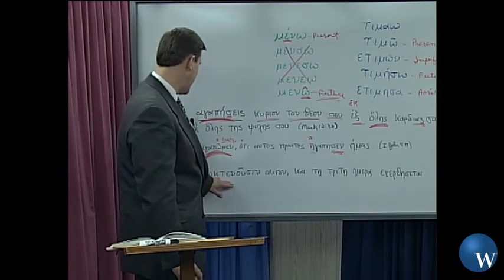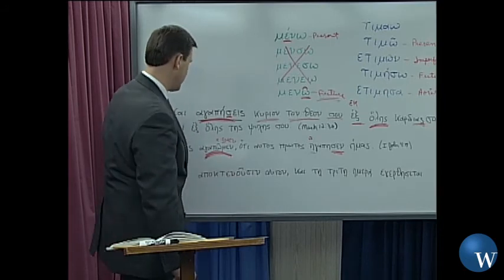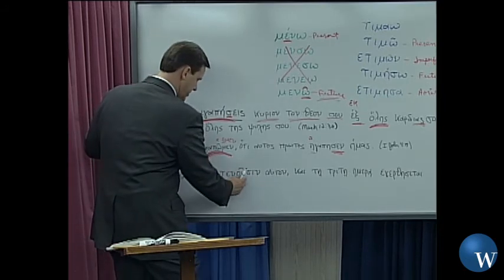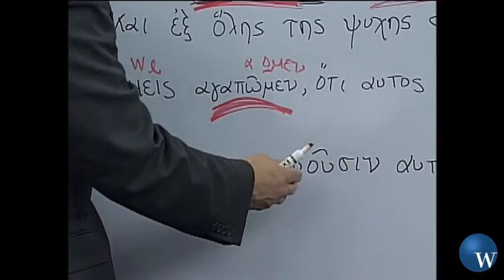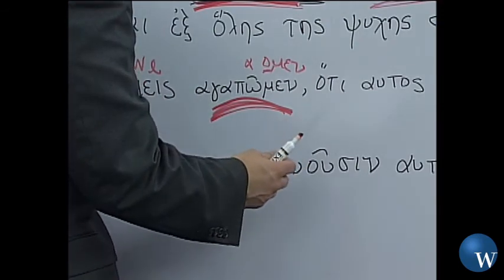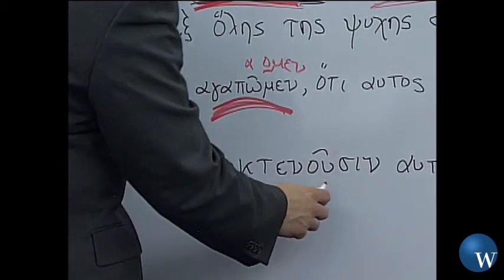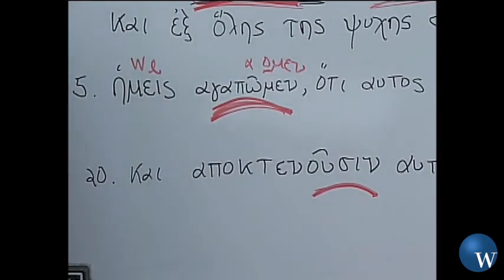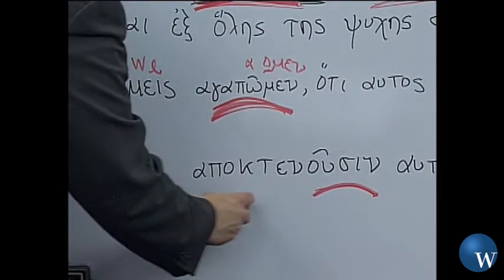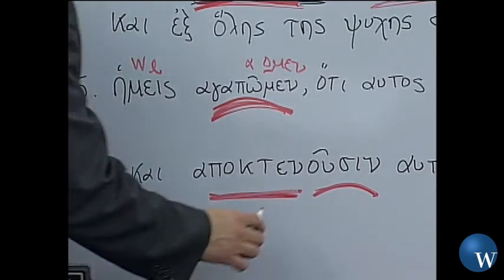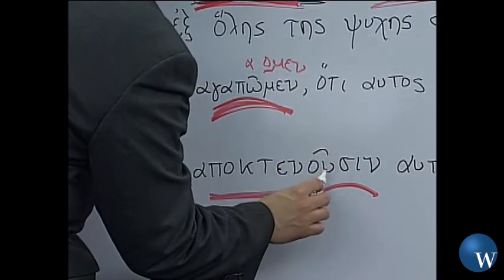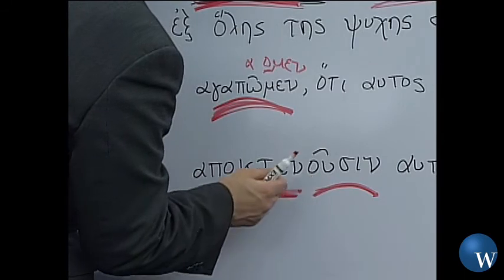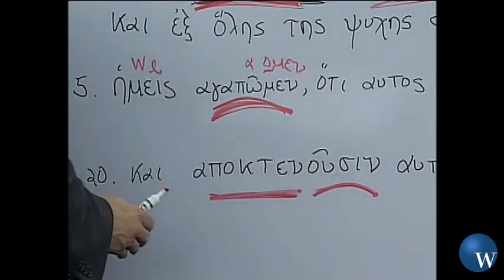And then apekteinousin is our word here, the example of the rules of the lesson we've talked about today. Notice ousin is third person plural. Here's the word for kill, but notice that we've got this circumflex stressing, so the accent is placed right there.